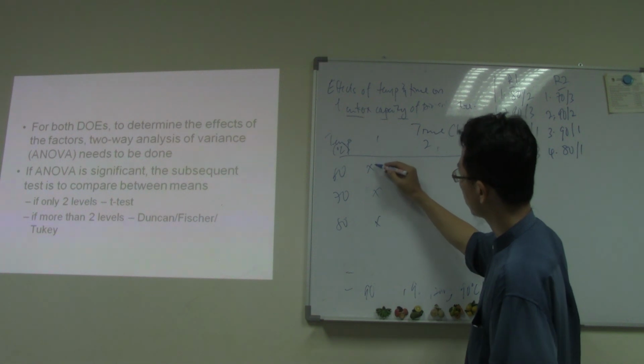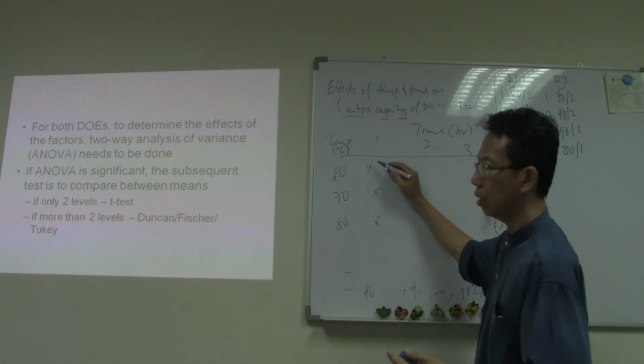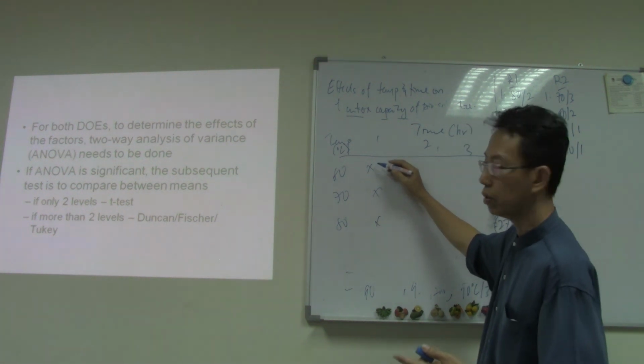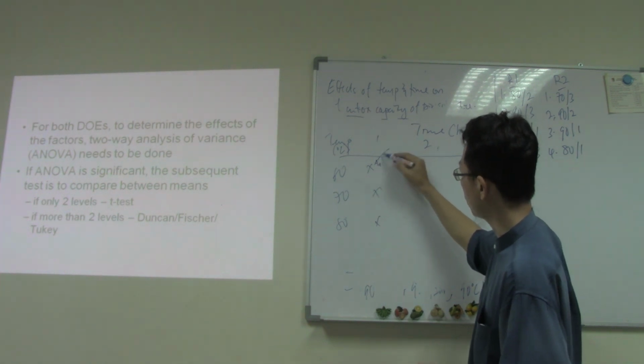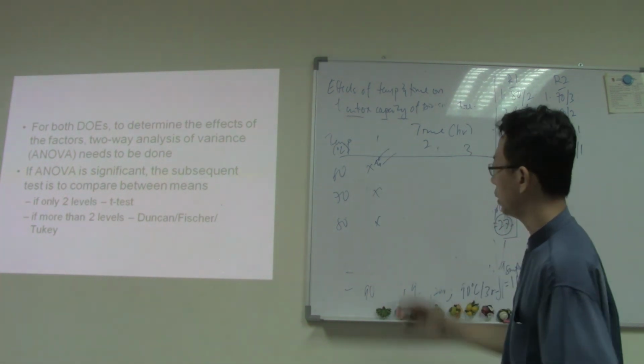And then you can see that there are two types of notation over here. One is capital, one is small letter.